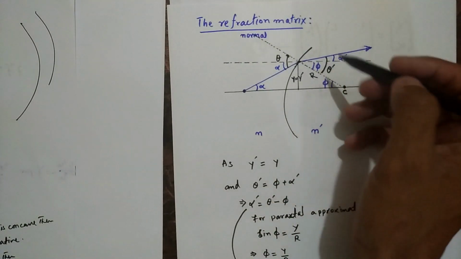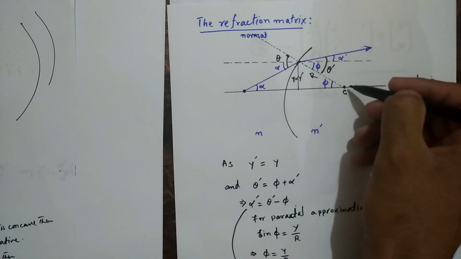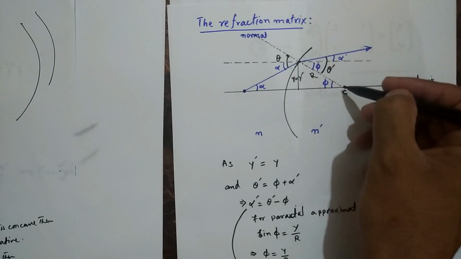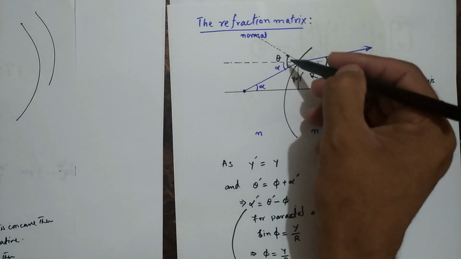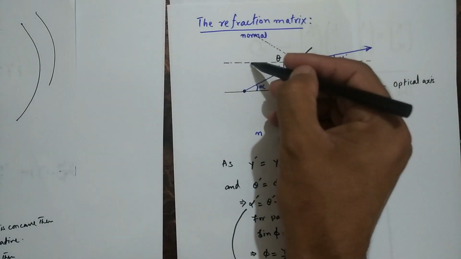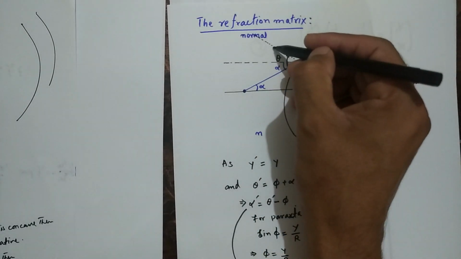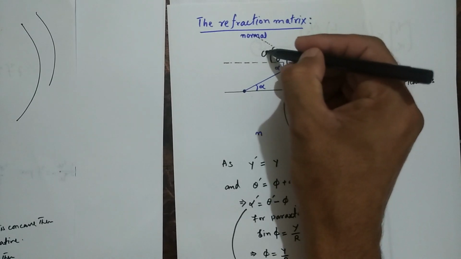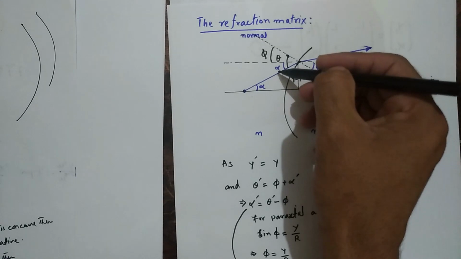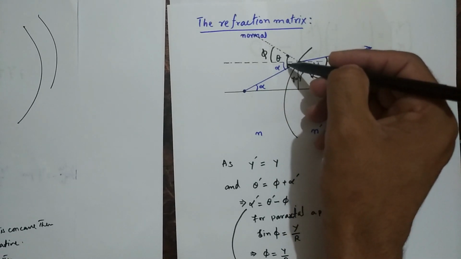Also from the figure we see that the angle of the normal with the optical axis is phi. This dashed line can also be considered an optical axis, so this angle is also phi. So from here we see that alpha plus phi is equal to theta.